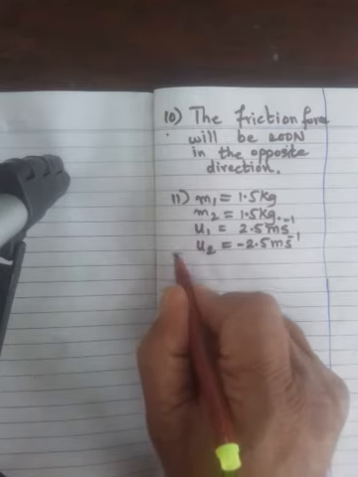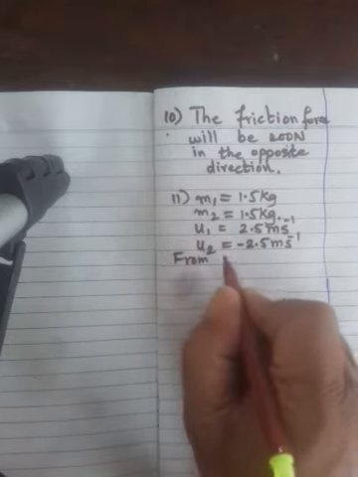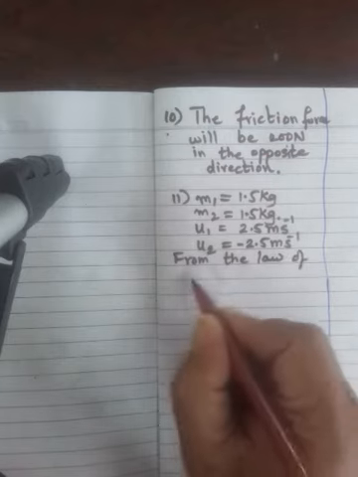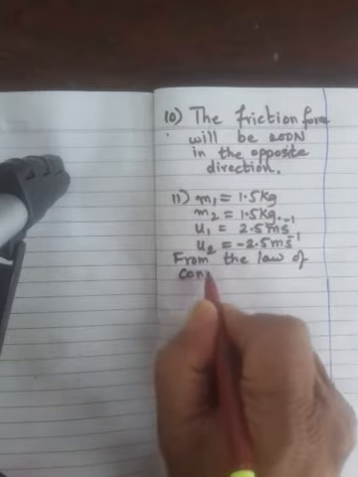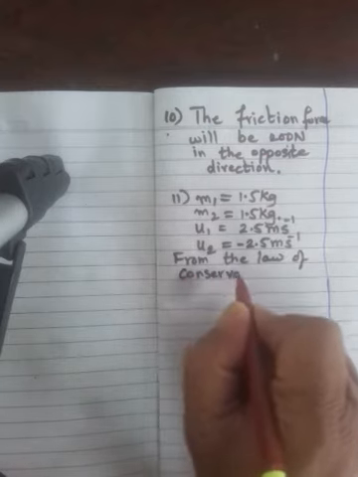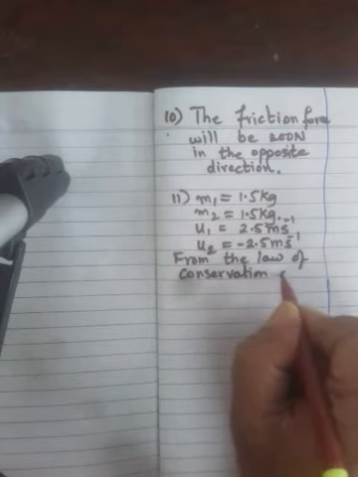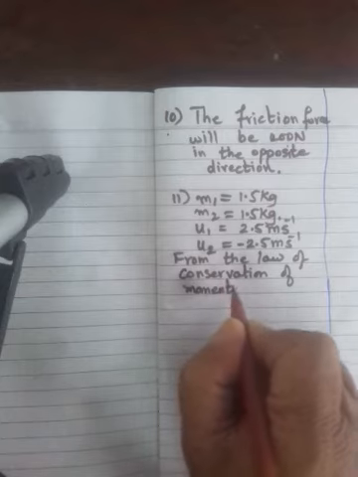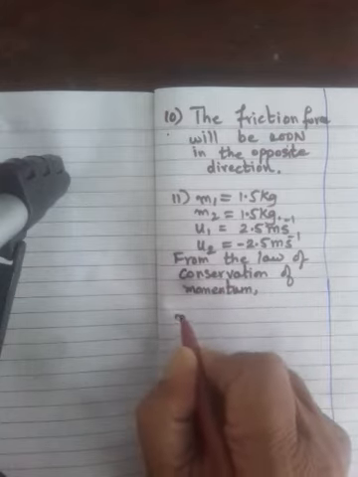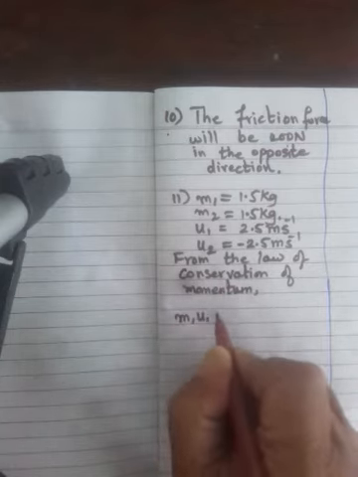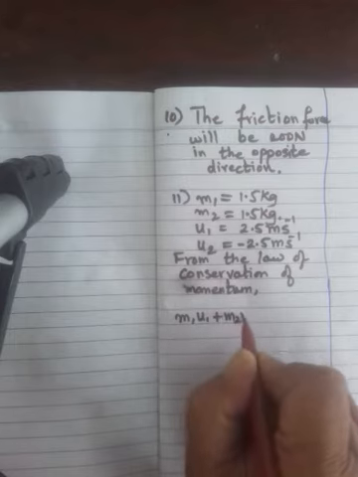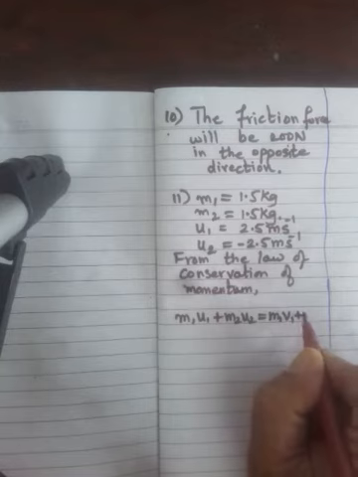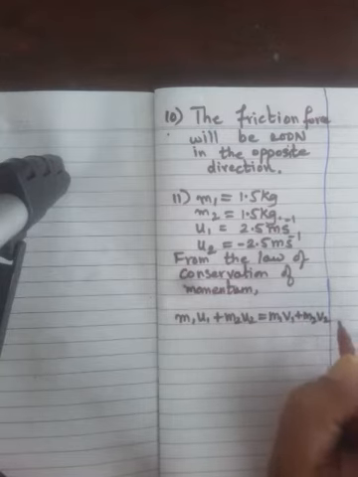Then from the law of conservation of momentum, we have m1 u1 plus m2 u2 is equal to m1 v1 plus m2 v2.